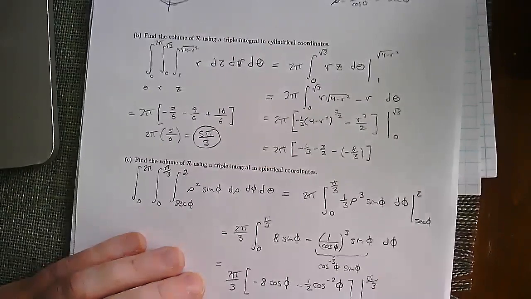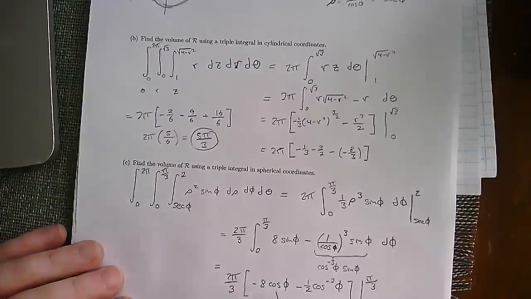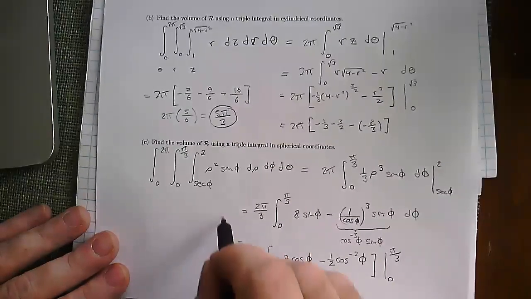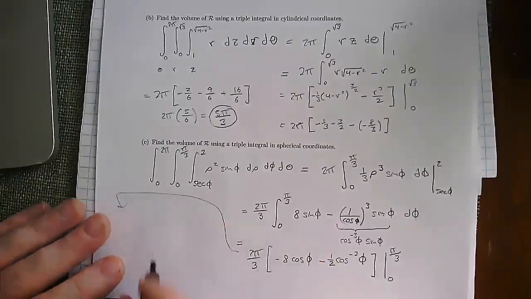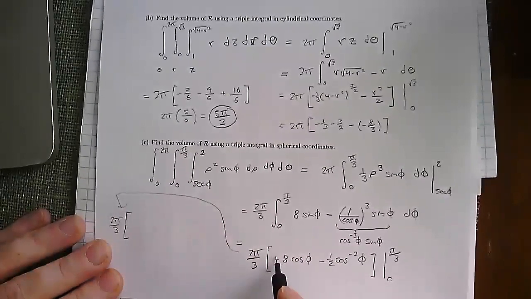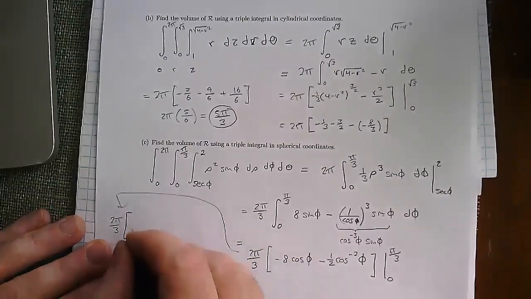Okay, so cosine of pi over 3 is 1/2. That's convenient. I'm going to just move us over here. So we have 2 pi over 3 times the following. So -8 times 1/2, that's -4.